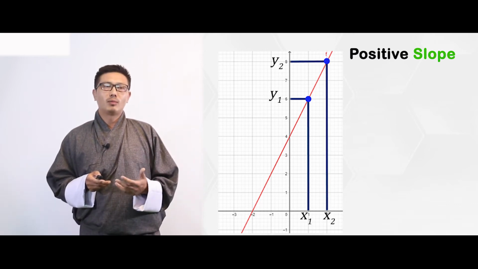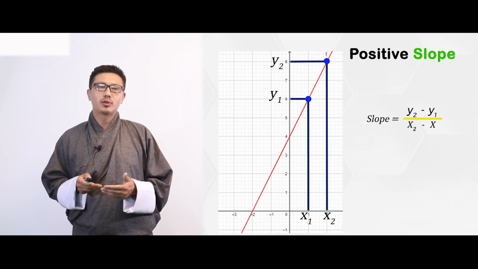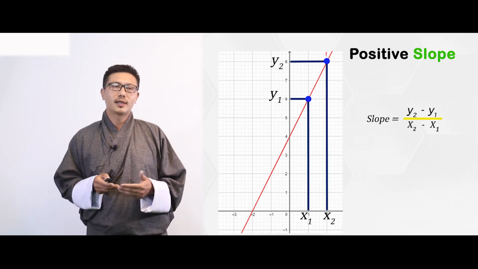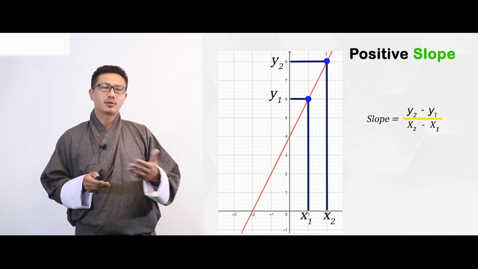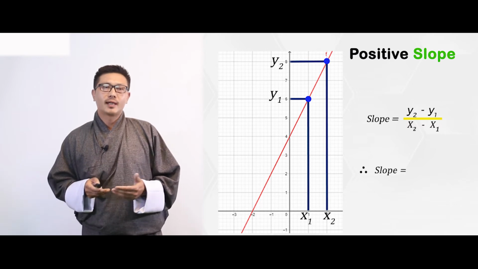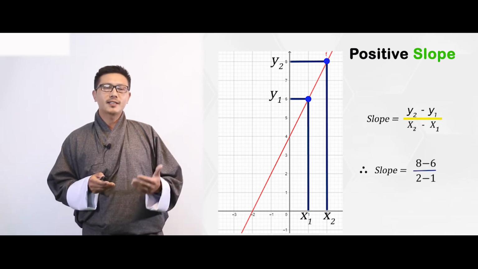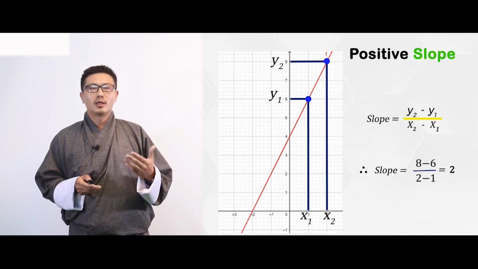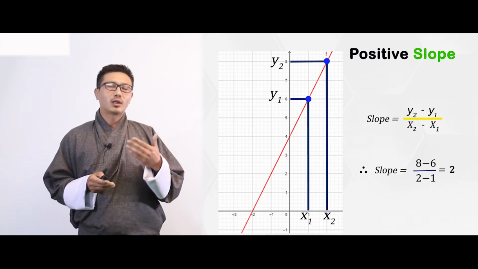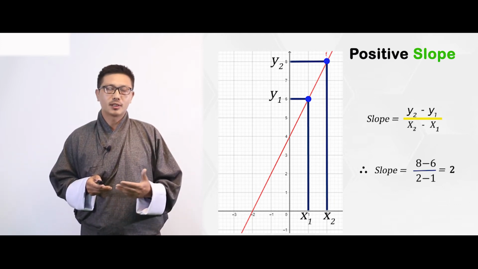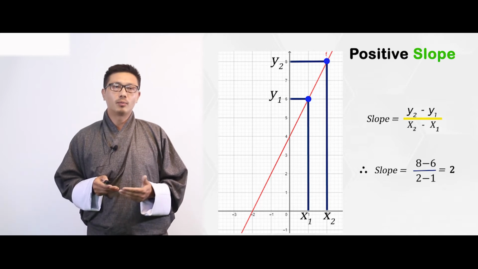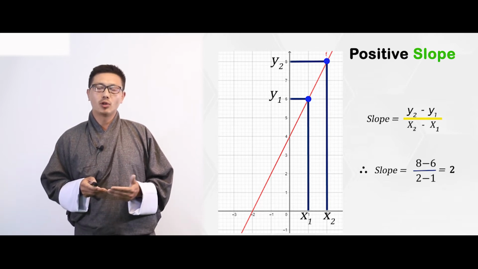Then we apply the formula, slope equals (y2 minus y1) over (x2 minus x1). We take down the respective values from the graph and calculate it. In this case, when the x coordinate increases and the y coordinate increases simultaneously, we get a positive value of slope, and this represents a positive slope.